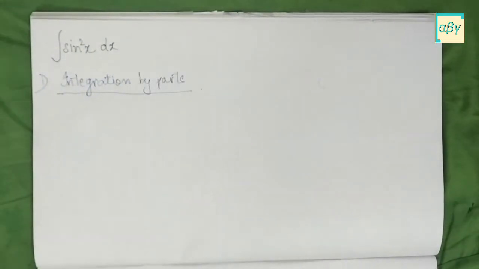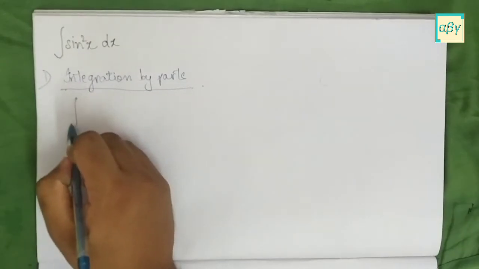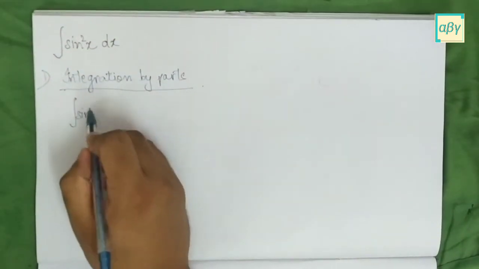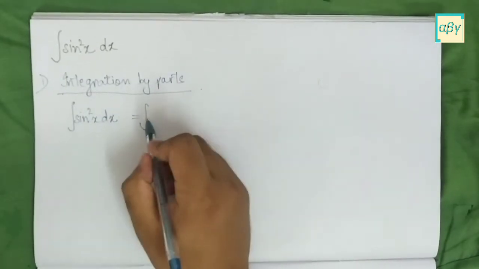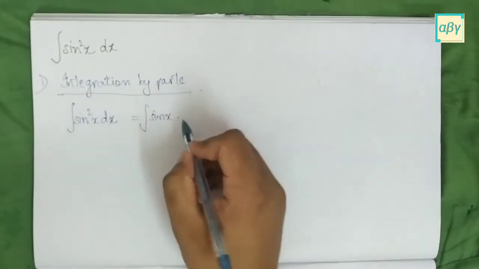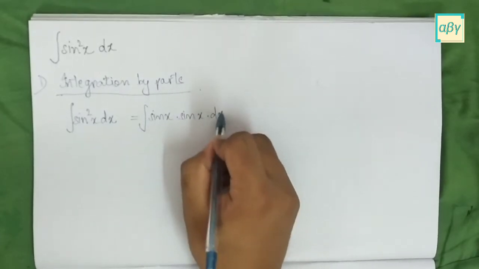So here what I am going to do is basically something like this. I have integral of sine square x dx. I can write this as the integral of sine of x into sine of x dx.